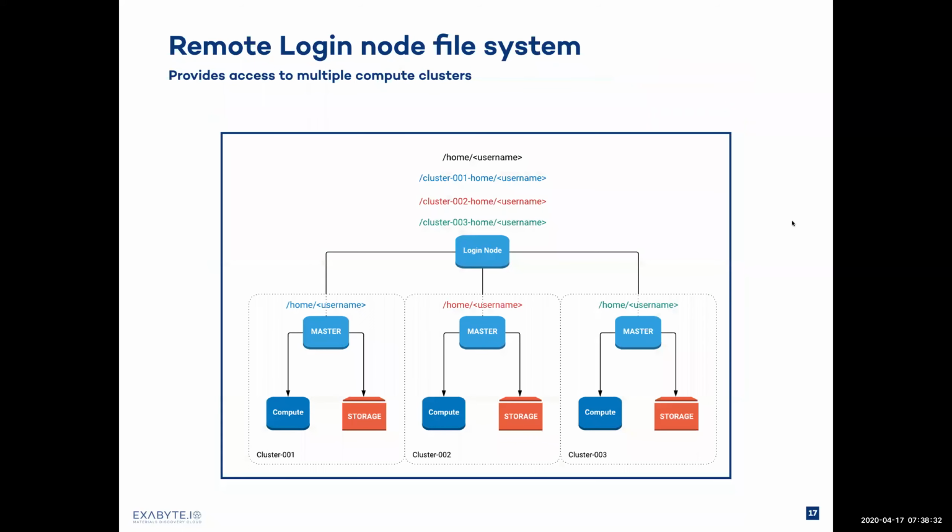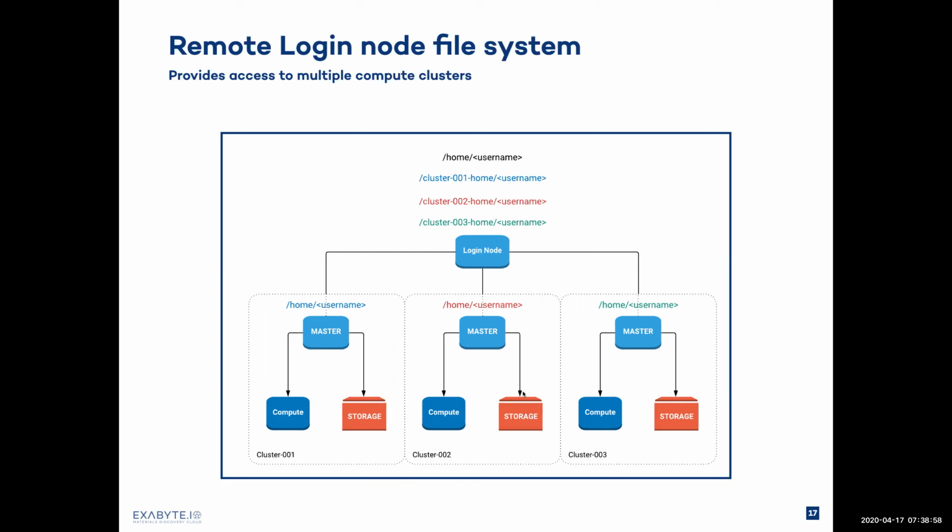So what's important to understand is that when users connect to the login node, they have access to multiple clusters. And these clusters can reside on multiple computational systems. So cluster 001, for example, right now is hosted on Amazon Web Services. There's cluster number 7 in production that is hosted on Microsoft Azure.